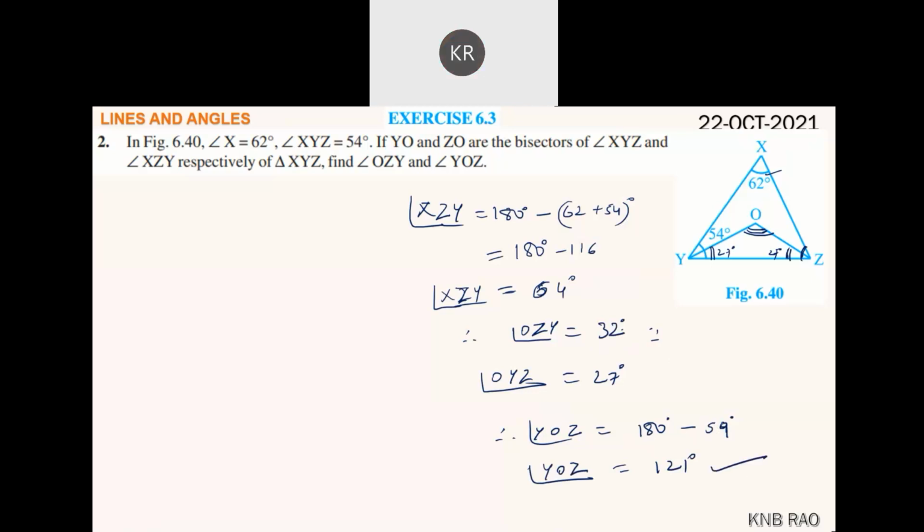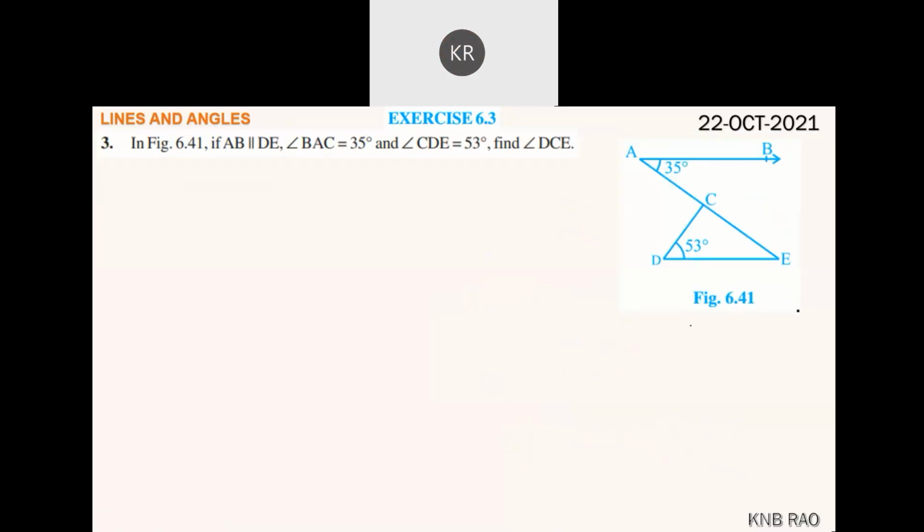Okay. Let's move on to question number 3. I was in a hurry to complete this exercise 6.3. In figure 6.4, AB is parallel to DE, angle BAC is 35 degrees, angle CDE is 53 degrees. Find DCE.